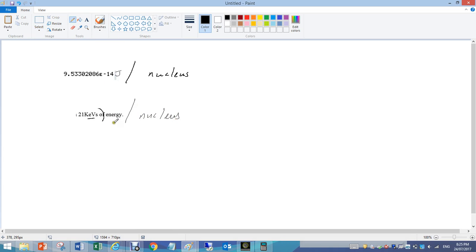Okay, so how do we compare joules and kilo electron volts? So, first thing, 1 electron volt is 1.6 by 10 to the negative 19 joules. That's a constant. So now we can just put this number over here and then work out how many electron volts that is.